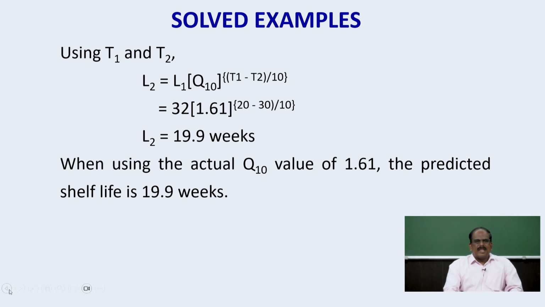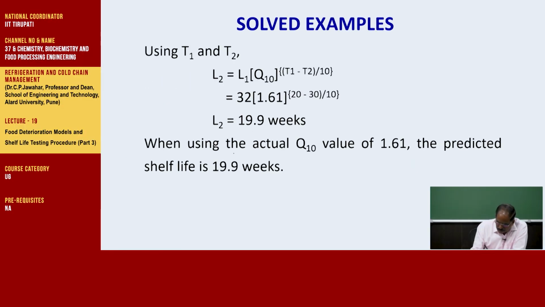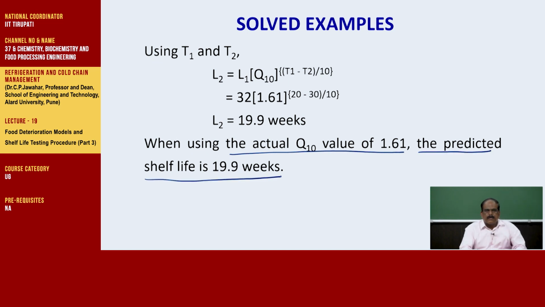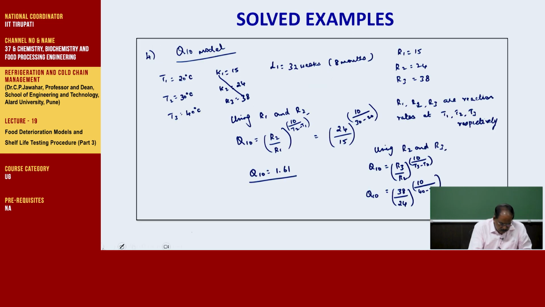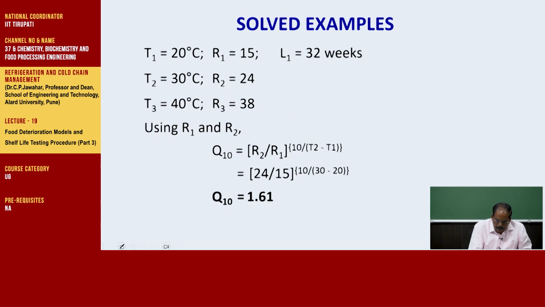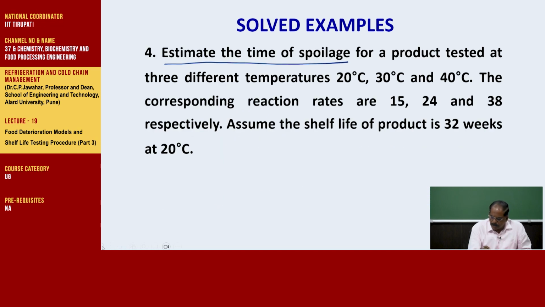So when we are using the actual value of Q10, which is the calculated value 1.61, the predicted shelf life is 19.9 weeks, which is about 5 months. So that is what we have to calculate, estimate the time of spoilage for a product.